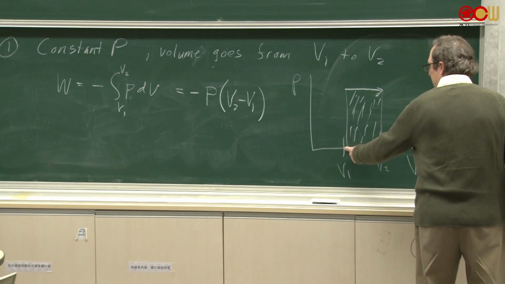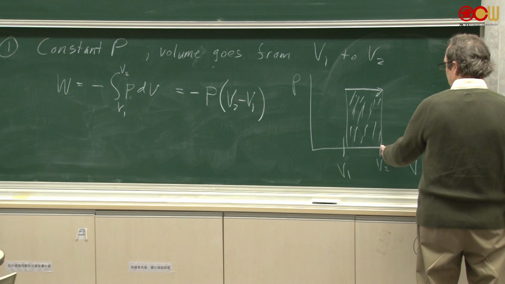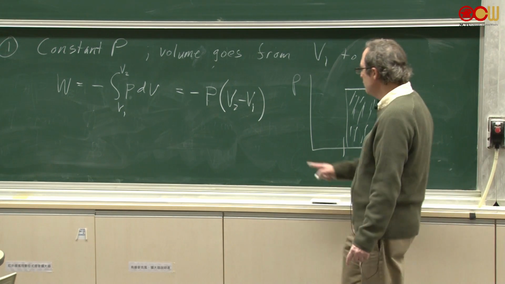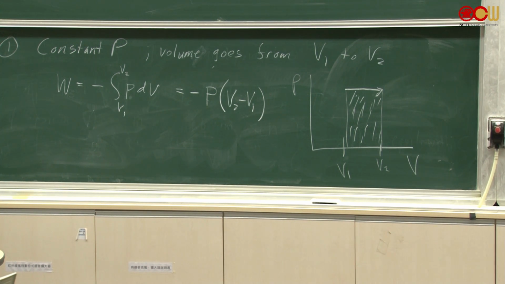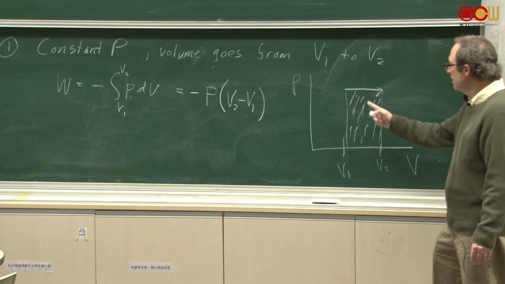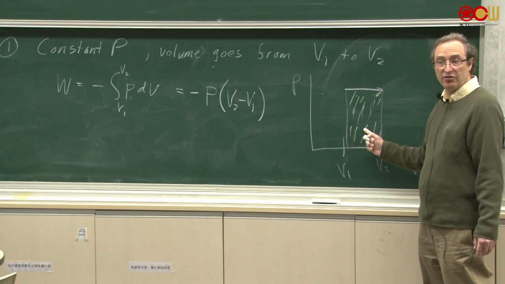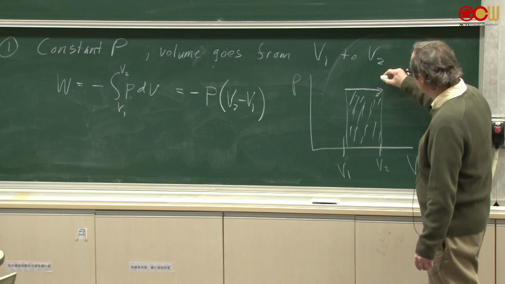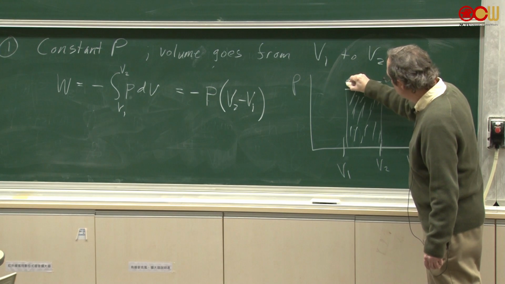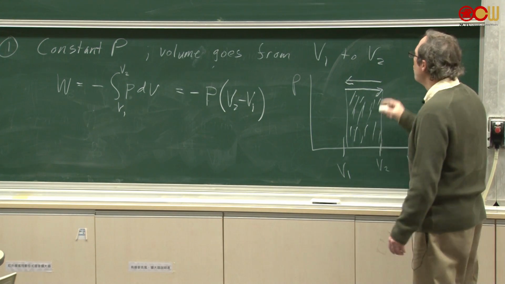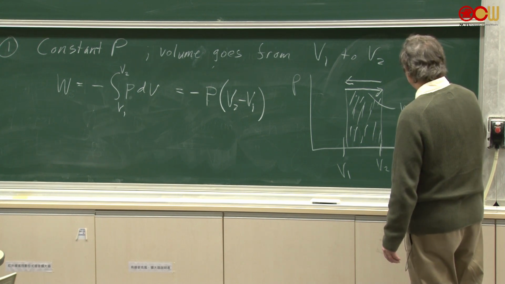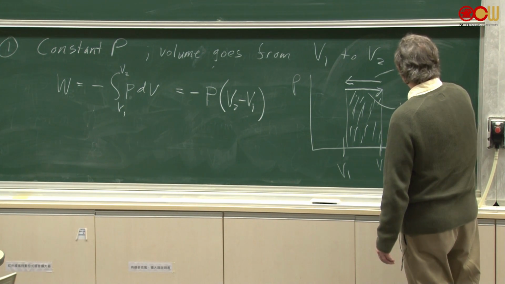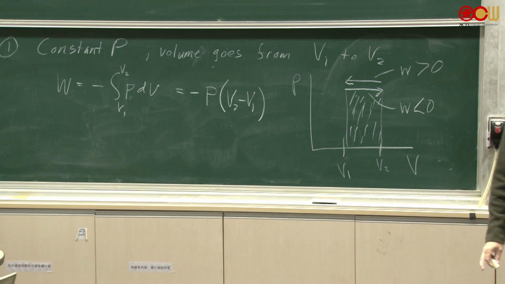Now, if we're going from V1 to V2, the work done is negative. The area doesn't tell you whether it's positive or negative. You have to figure that out. If it was going the other way, the work would be positive. So this is W less than 0. This is W greater than 0. Okay, everybody see that?